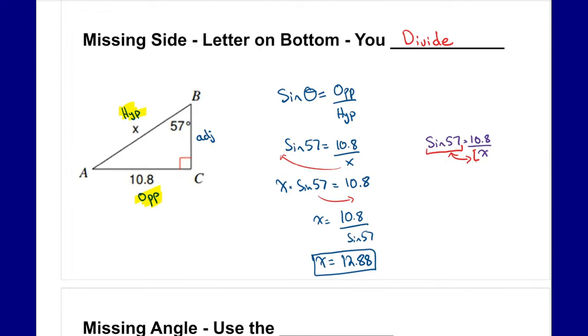I can just switch those two spots, because that's what I end up doing anyways, and get x equals 10.8 divided by sine 57. X equals 12.88. So again, all we're really doing is taking out one step and just switching the two values. So you can do it that quick way when we have the variable on the bottom.